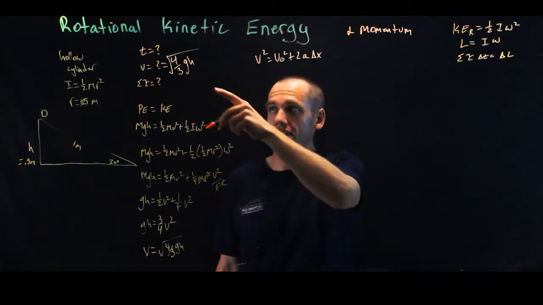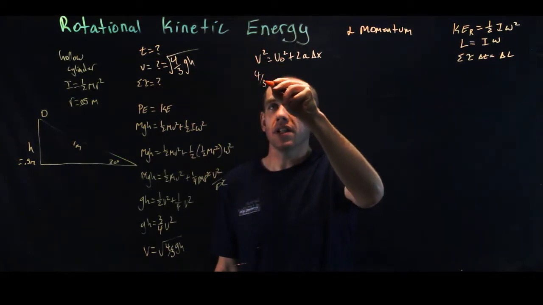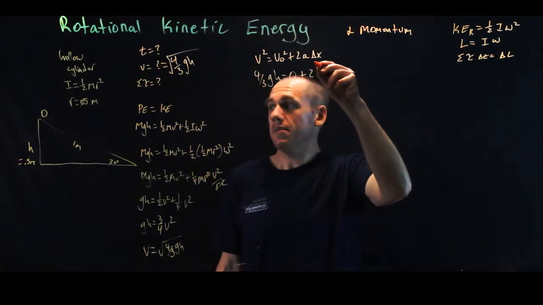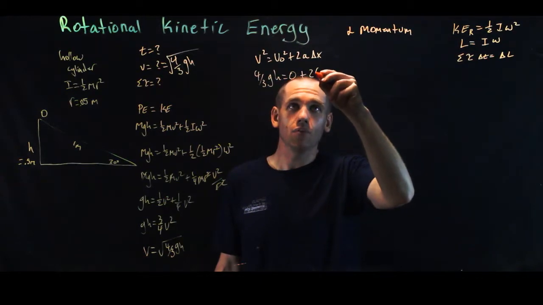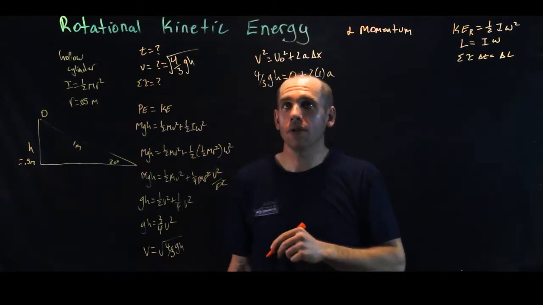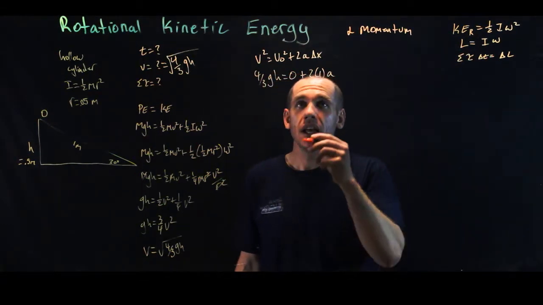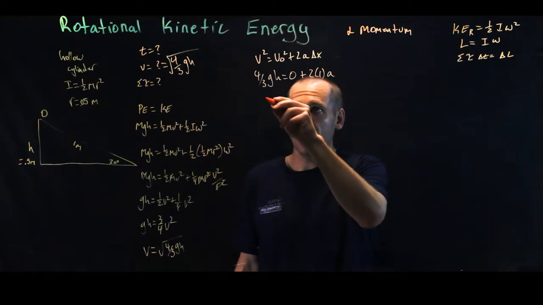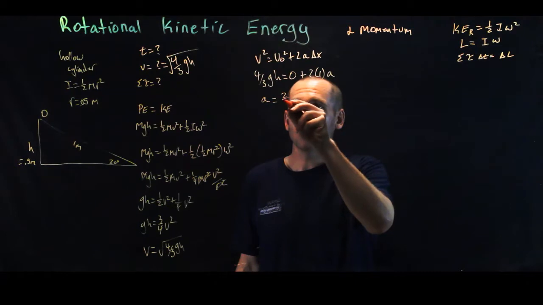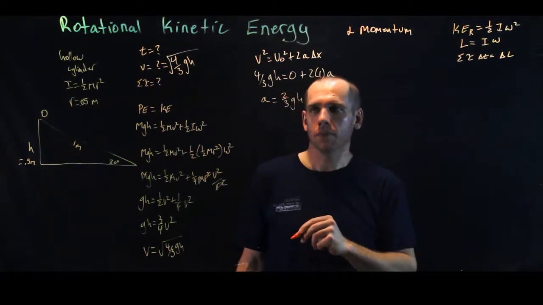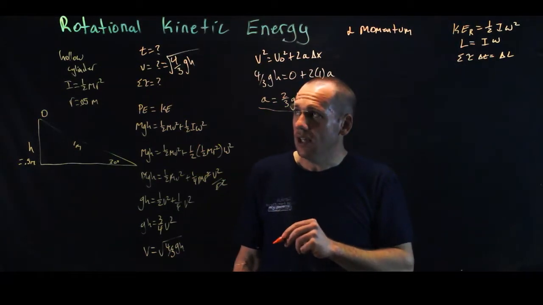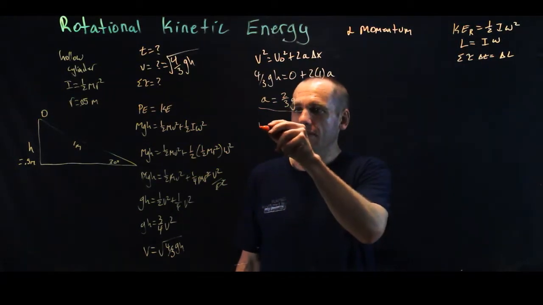I know the final velocity squared is 4/3 gh, and the initial velocity is 0, plus 2 times, and I said the length of that ramp was 1, and so my acceleration is a. So 4/3 gh equals 0 plus 2 times 1 times a, and so a is equal to, divide both sides by 2, 2/3 gh.